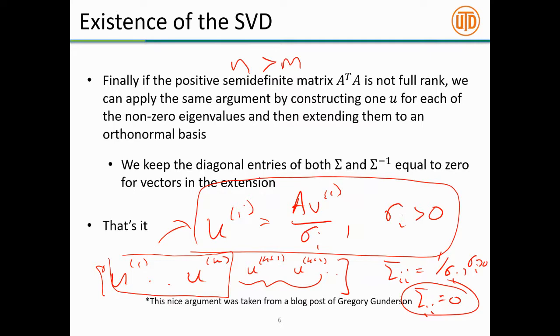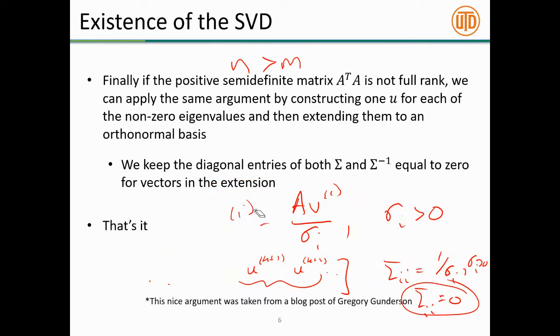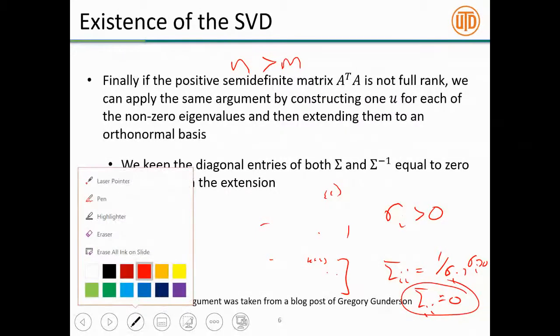All of this was just a little bit of algebra. You can go back through it yourself to check. It's sort of easy to reverse engineer the SVD. What I mean by that is that if someone gave you the singular value decomposition, you could check that it has to have the properties that we just described.